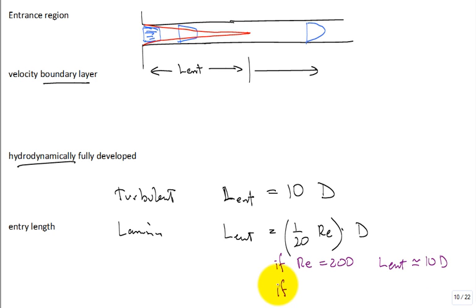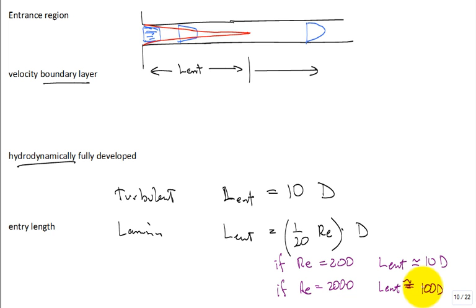But if the Reynolds number goes up, let's say the Reynolds number is 2000, it's starting to maybe trip and become turbulent. If it keeps going up, it will become turbulent. So how long does it take? You have 2000 divided by 20, around 100 diameters.